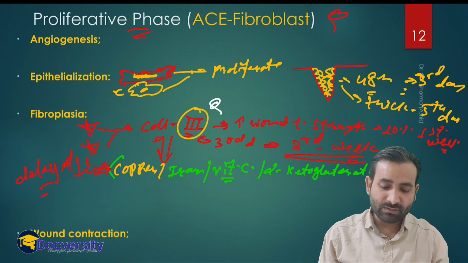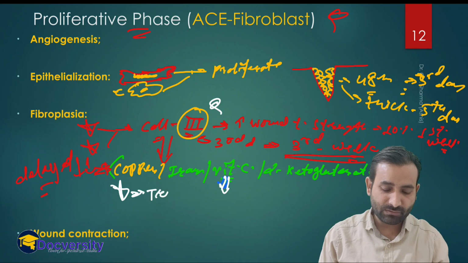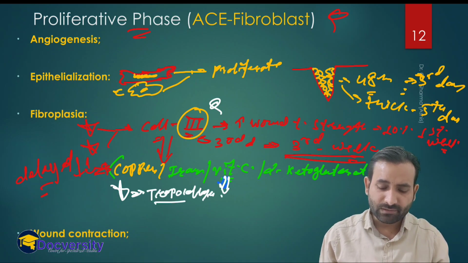Among this, how does the vitamin C help? So let's see over here. The fibroblast first secretes the tropocollagen. This tropocollagen has the lysine and proline.